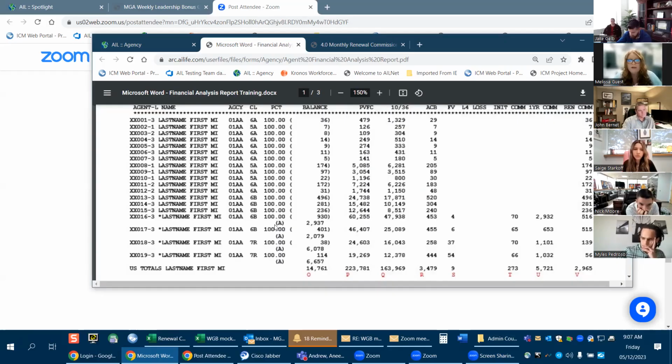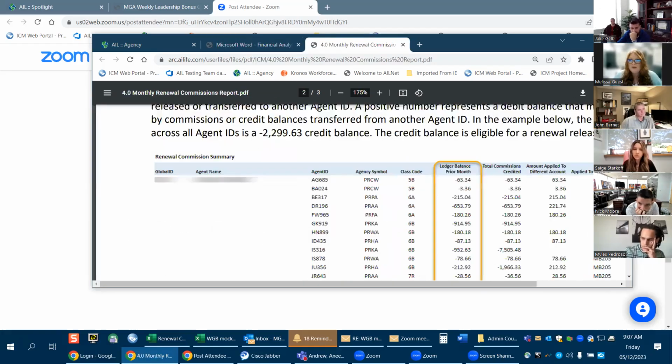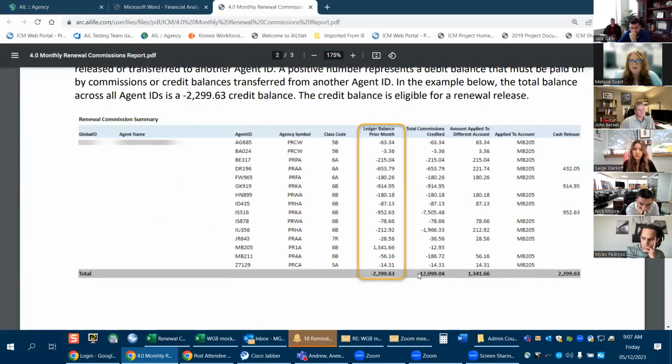Another point of confusion is that on the renewal commission report in ICM, we also list the total commissions that are credited to the account each month. So we're listing the ledger balances as of the end of each month, and then we're also listing the total commissions credited.